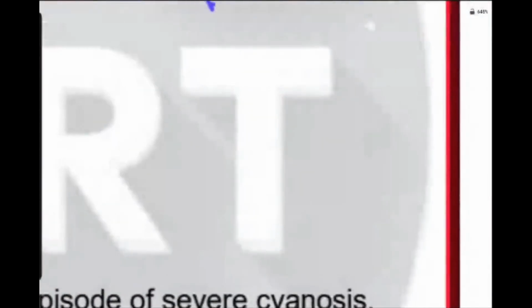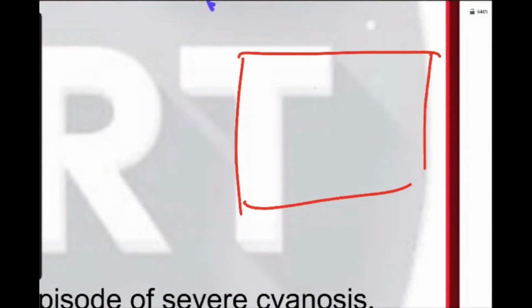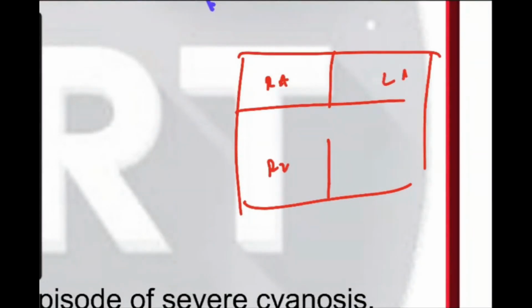See, there was this heart, right atrium, right ventricle, left atrium, left ventricle. Okay? So there was this VSD defect. Now, what did I tell? Crying will lead to a decrease in systemic vascular resistance. Meaning what? The body tries to vasodilate all the branches of this left heart.